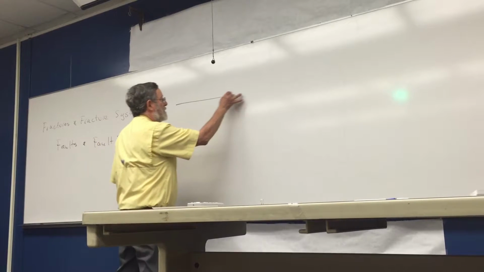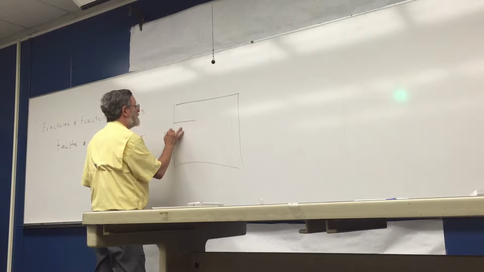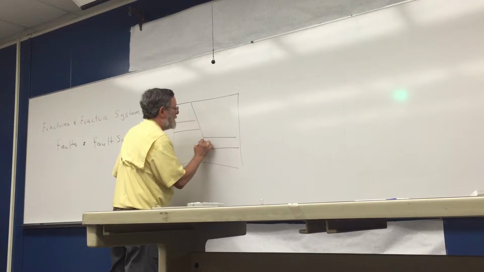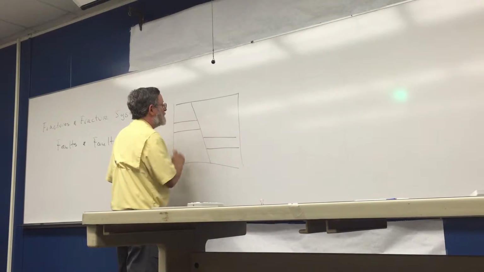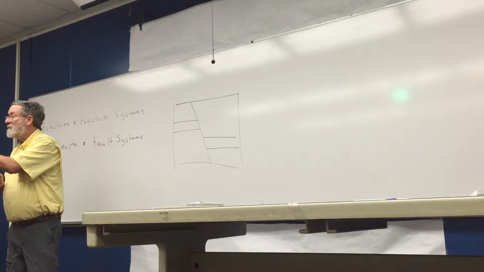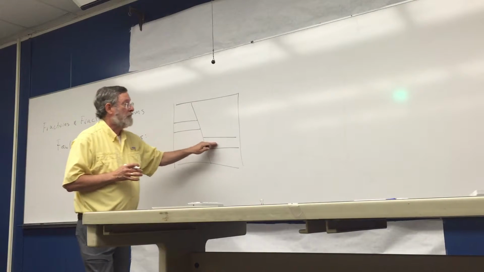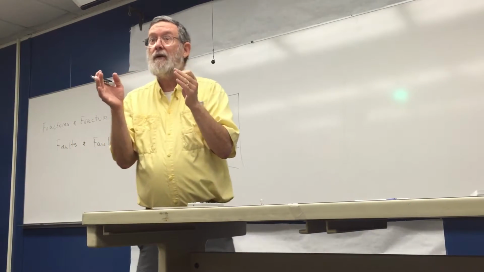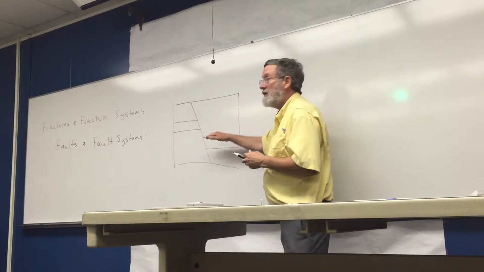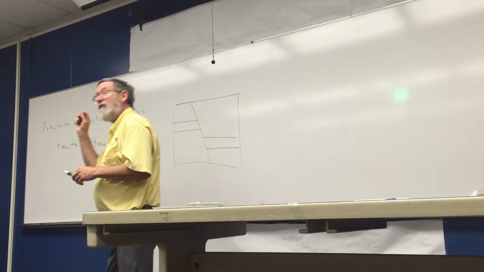If we have a system here that shows exactly the offset that I drew here, we can talk about this being a dip-slip fault to begin with, because most of the displacement that we're seeing, we'd have to verify it, is in the dip direction. This is what type of fault?